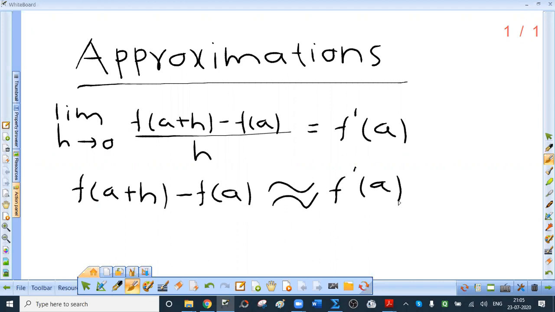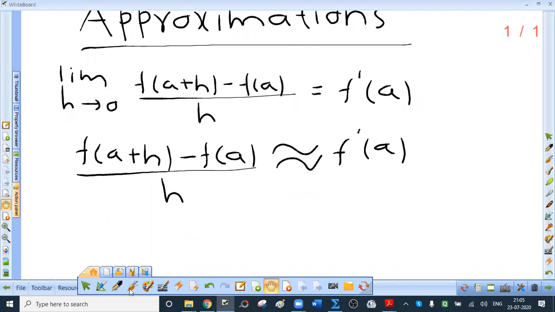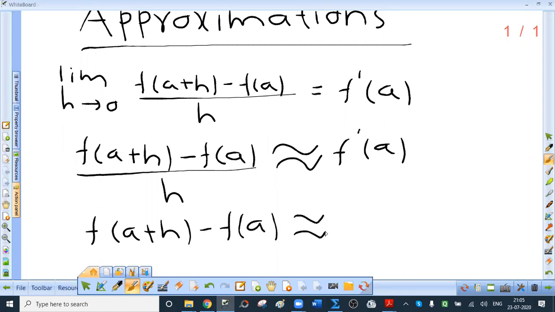But I can say if h is very small, almost 0, then f of a plus h minus f of a upon h is approximately f dash of a. Now, if you cross multiply, see what you get. F of a plus h minus f of a is approximately equal to h into f dash of a.